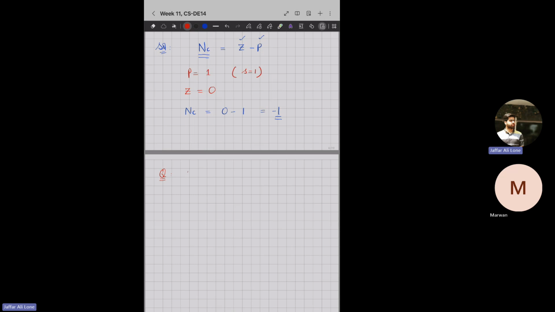The question is, consider an OLTF, that's open loop transfer function, GSHS equals S minus 7 divided by S square plus 3S plus 2. So this is an open loop transfer function which is given. The question is again a similar one.